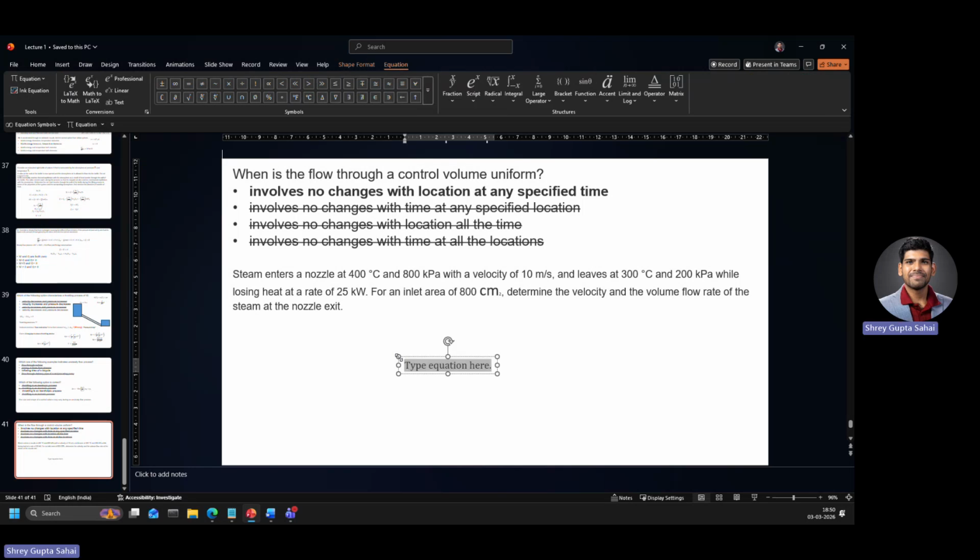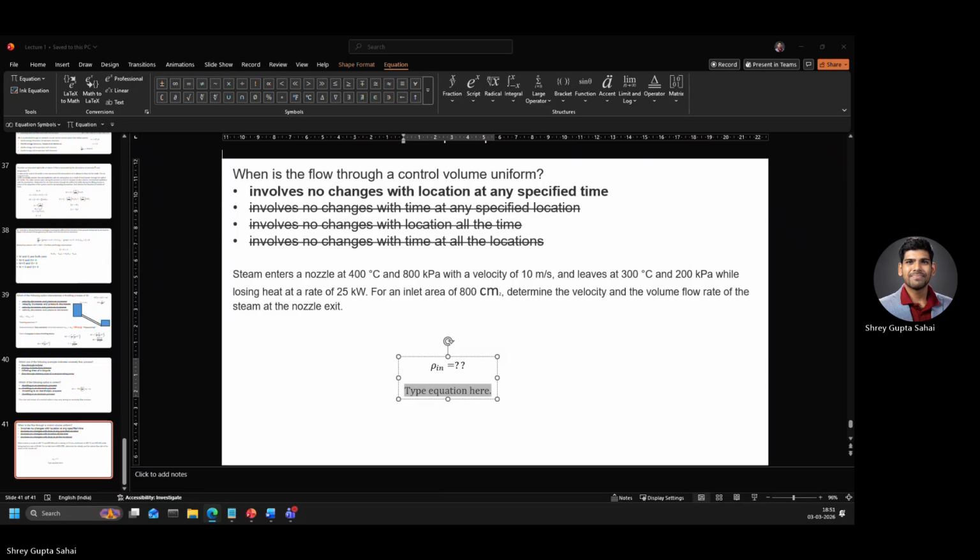One thing which has been told to us is that we know rho in, because our inlet pressure and inlet temperature are given to us. So first let's find out what rho in is. We will find it using property tables. Let me pull up the property tables.